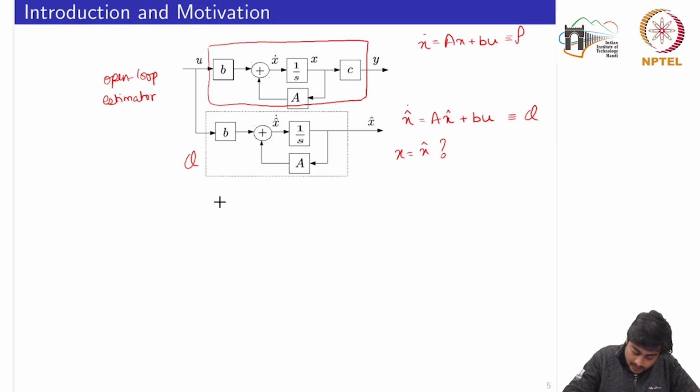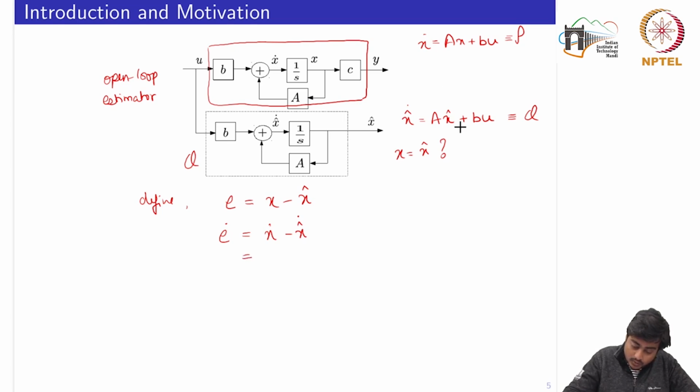Okay, so here I will define an error signal e as x minus x hat. We call this signal e the error between the actual state and the estimated state. On taking the derivative of this error, I would get x dot minus x hat dot.